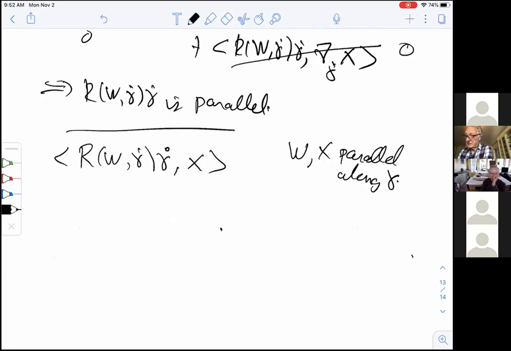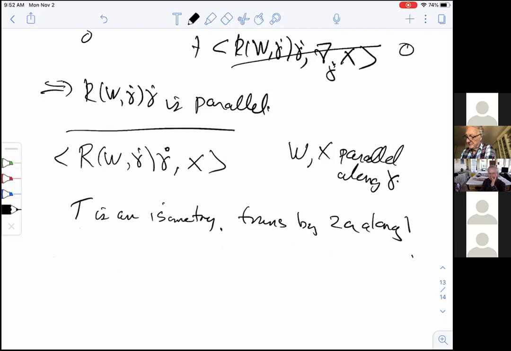So I use these symmetries T that I have. So T is an isometry, just translation by 2a along gamma. Okay, this was a product of flipping at P and flipping at Q, when P and Q are separated by a.